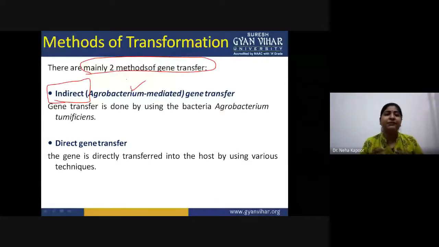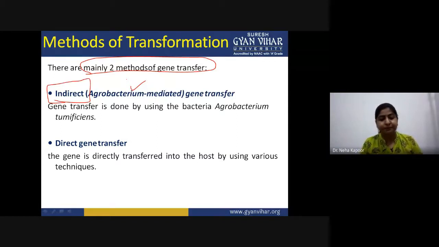In that case, we can use this Agrobacterium mediated transfer, in which the Ti plasmid concept is basically used. But our main focus is on the other procedures. Direct gene transfer means the gene will be directly transferred into the host by using many techniques. We can use many chemical or physical methods to trigger this process.